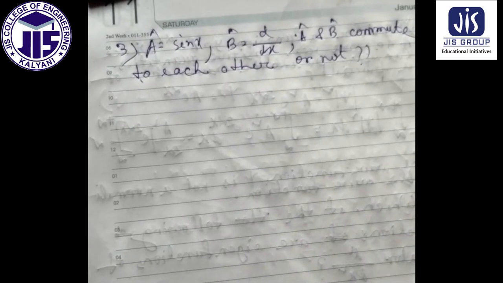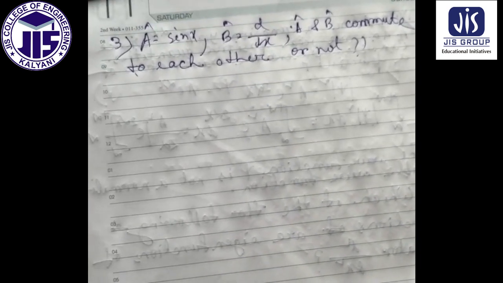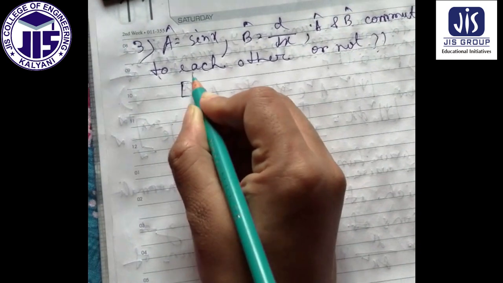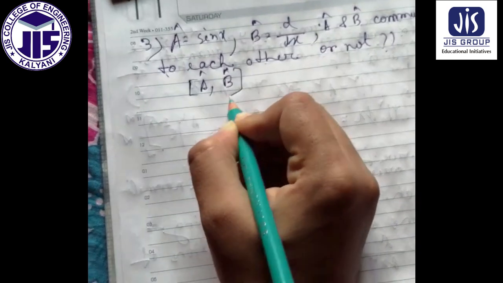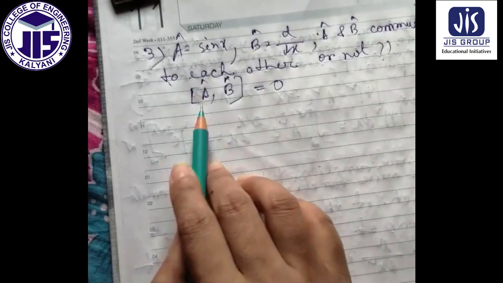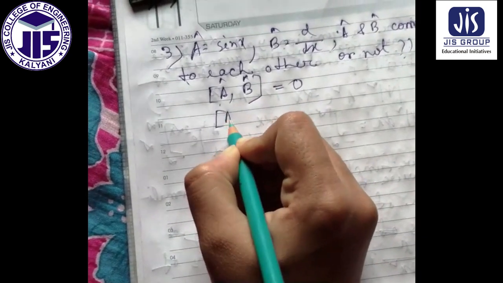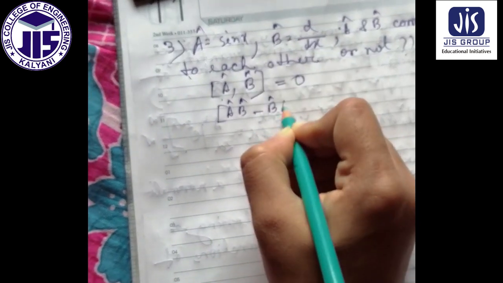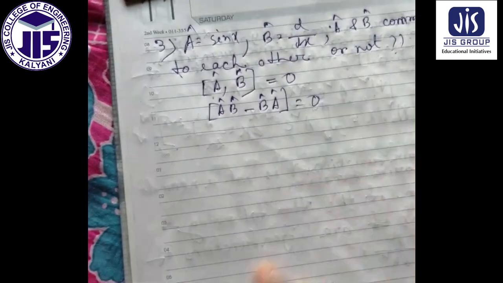So let's first recapitulate what the commutation relation was. Remember, if the commutator of a cap and b cap is equal to 0, then they commute to each other. The commutator a cap b cap is a cap b cap minus b cap a cap, equal to 0.